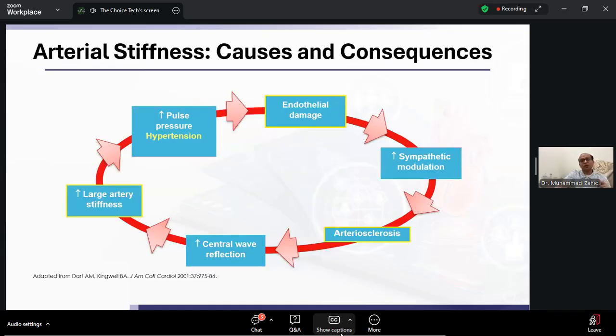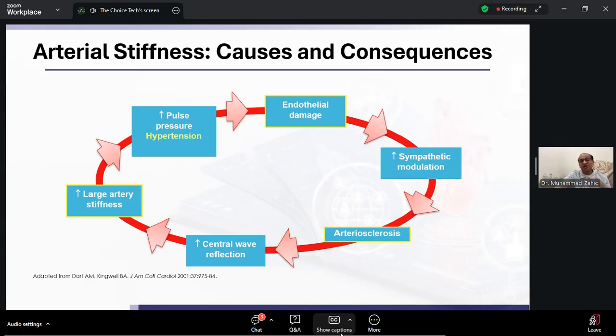The second concept which we need to understand is arterial stiffness. Normally, when the heart contracts, the arteries are distensible, they're compliant to that pressure. But if the endothelial damage led to atherosclerosis, arteries become more and more stiff.